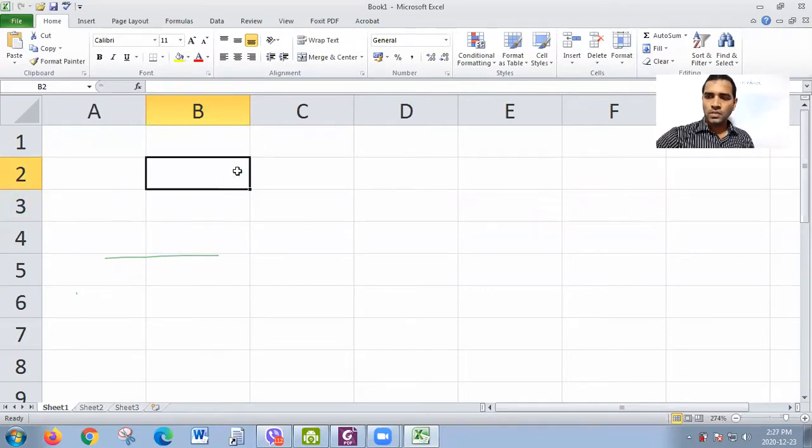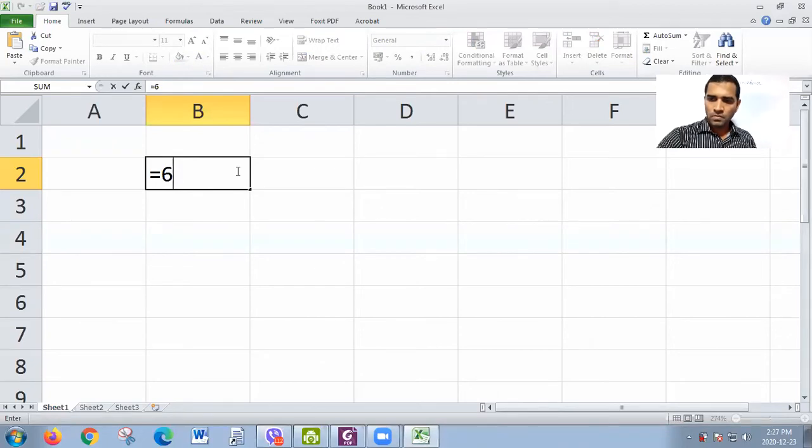So let's type another one. Equal 6 asterisk 8 divided by 10 plus 5. So look, you have asterisk and also you have division, right? Both have equal priority, but asterisk is in front.